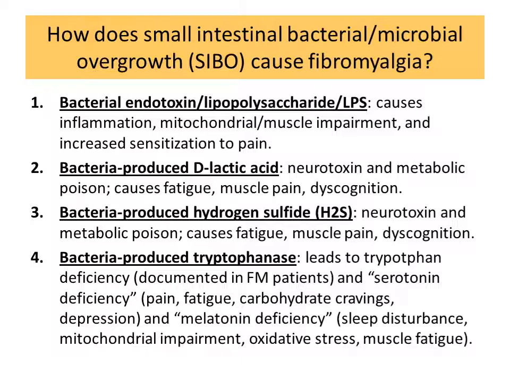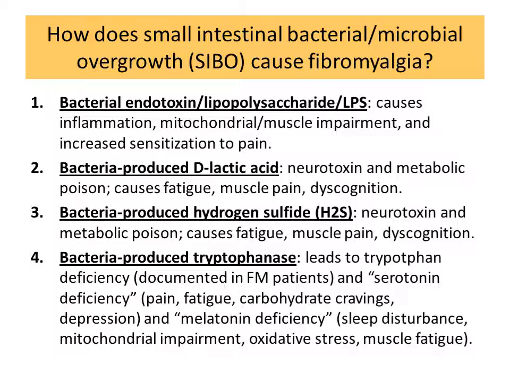So the body takes tryptophan, converts it into serotonin, and then converts serotonin into another hormone called melatonin. When patients don't have enough melatonin, they have sleep disturbance, impaired mitochondrial function, and therefore impaired energy production. They have increased oxidative stress because melatonin is a physiologically and clinically important antioxidant, and it helps to protect mitochondria. So if there's not enough melatonin, patients could be expected to have reduced ATP production, reduced mitochondrial function, and increased muscle fatigue.